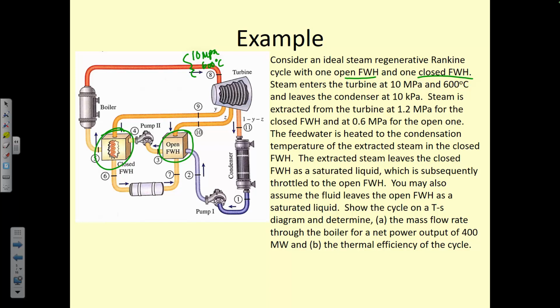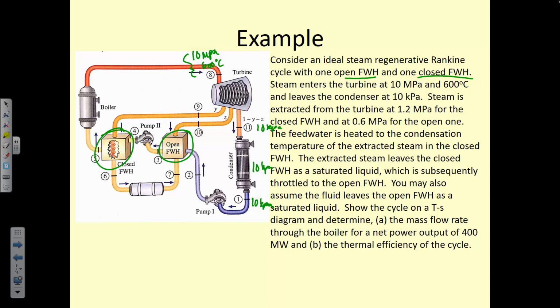And it leaves the condenser at 10 kilopascals, right? 10 kilopascals is the pressure of the condenser. That means state 11 is 10 kilopascals and state 1 is 10 kilopascals. Steam is extracted from the turbine at 1.2 megapascals for the closed feed water heater.